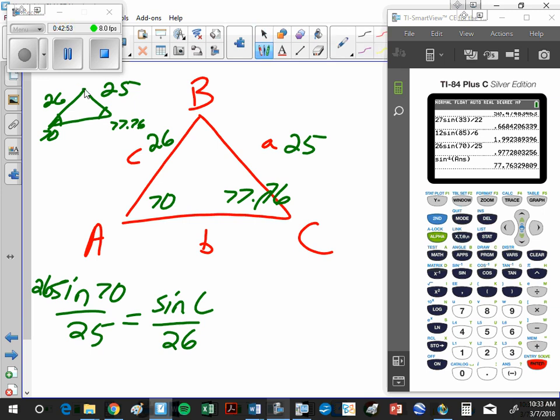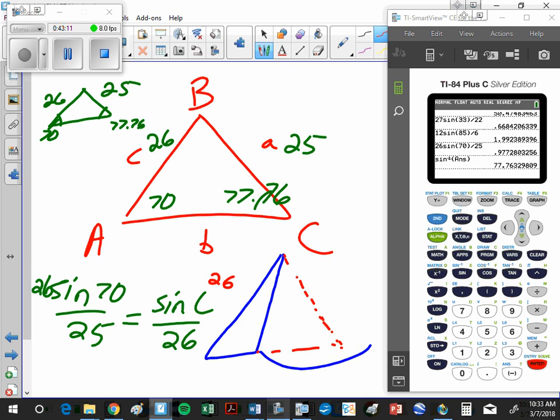So what I do is I swivel this over, and I create this triangle. So that triangle includes this. So this is 26, and this is 25, and this is still 70, but that angle right there is 77.76, so this angle is also 77.76.